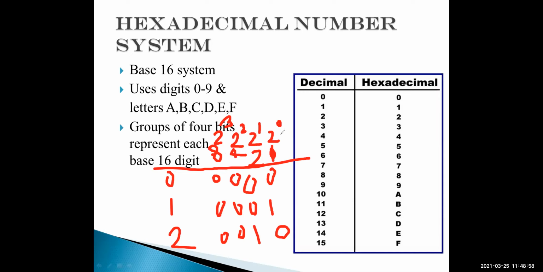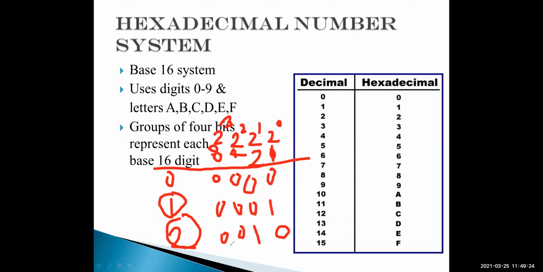Because 2 raised to 0 becomes 1. So ultimately the number 1 we can write using 4 bits, that is 0, 0, 0, 1. Suppose I want to write the number 2 in binary pattern. So I need to set the 2 raised to 1, because 2 raised to 1 becomes 2. That's why I write 1. The remaining bits will be reset to 0, so 0, 0, 1, 0.